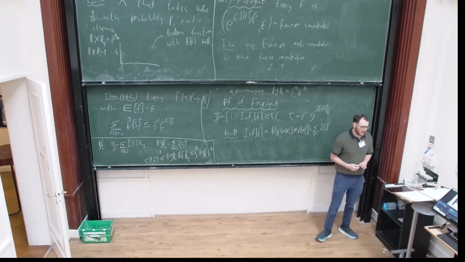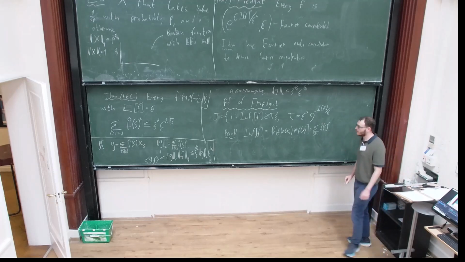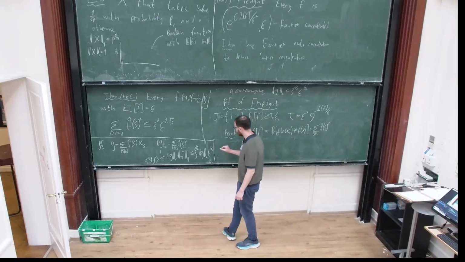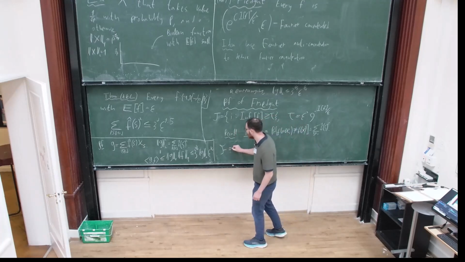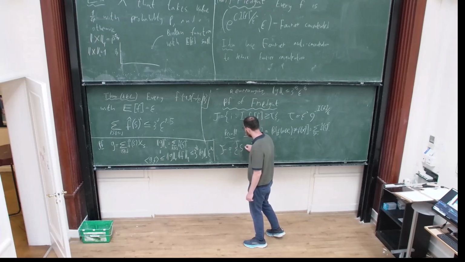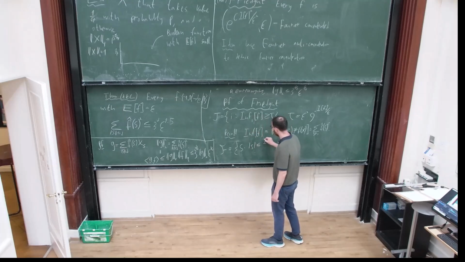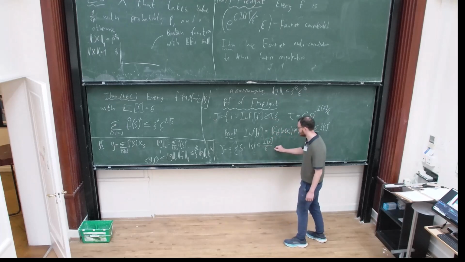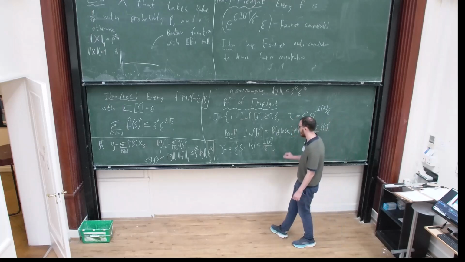So we take the set of coordinates with large influence, and we are going to define the set F of notable Fourier coefficients, a small set of notable Fourier coefficients, to be the set of all S such that the size of S is at most the total influence of f over epsilon, and S is contained in J.